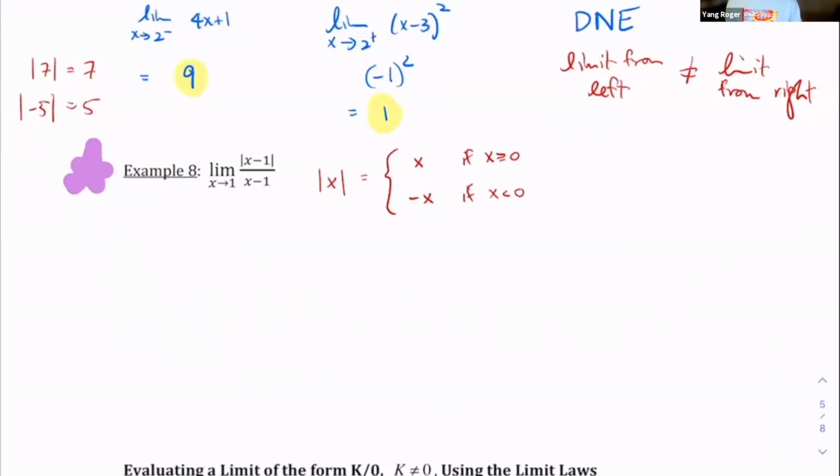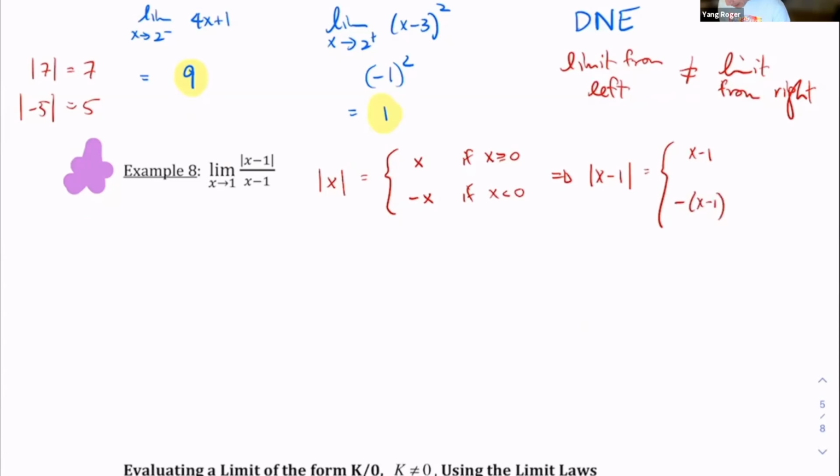So that's not the question that I care about. The one that I care about is absolute value of x minus 1. So what I'm going to do is anywhere I see an x, I'm going to substitute in an x minus 1. So then if I want absolute value of x minus 1, that's going to be equal to x minus 1 here, negative x minus 1 there.